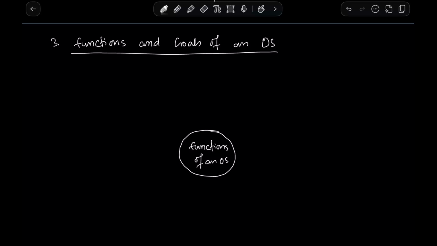So if we want to summarize, the very first one would be process management. The second would be memory management. We'll see all those things in depth. It's just an introduction video, so that we could have a bigger picture, and we'll understand the functions and goals of the OS. And the third one, what did we discuss?